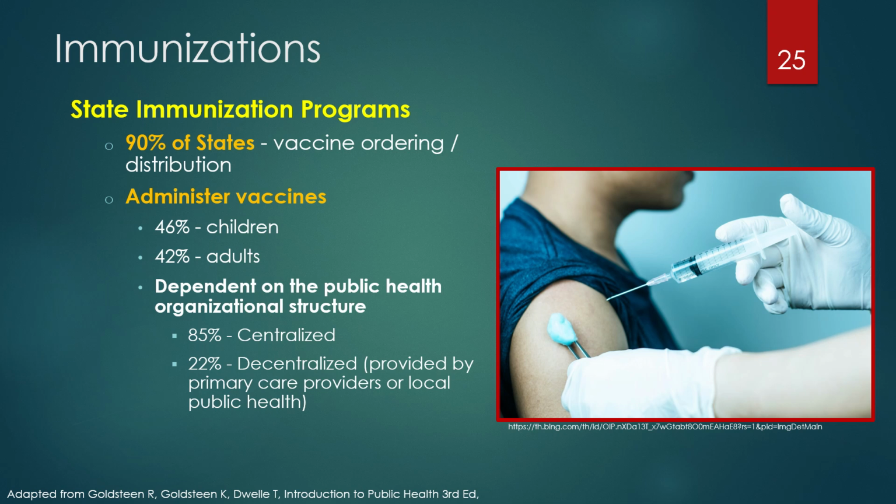Vaccine administration depends on the state's public health infrastructure. 85% of agencies in centralized states provide childhood and adult vaccine administration versus 22% in decentralized states. In decentralized states, vaccination services are usually provided by primary healthcare providers and/or local health departments.